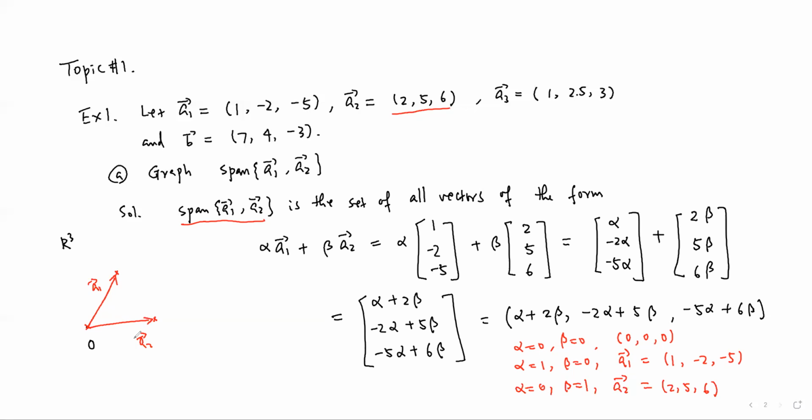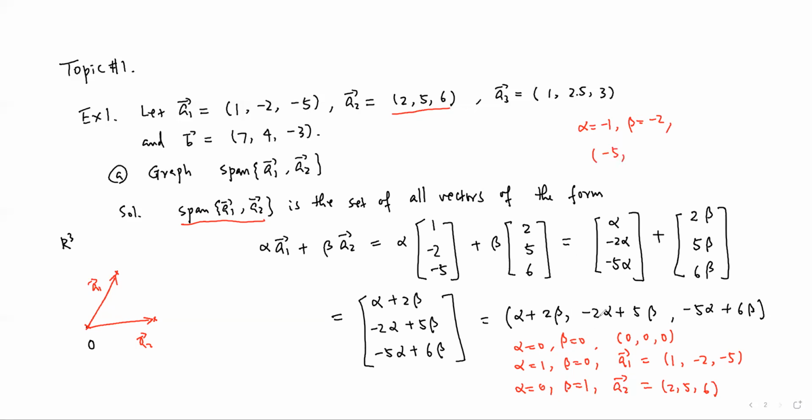If I choose some negative values for alpha and beta, say alpha is -1, beta is -2, for example. Now plug in -1 for alpha, -2 for beta, then I get this point: -1 minus 4, -5, right?